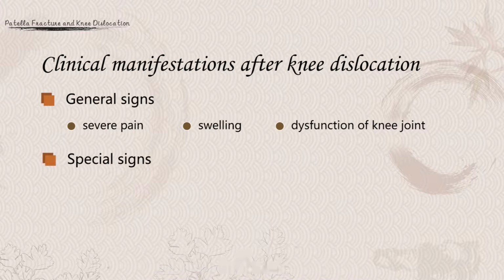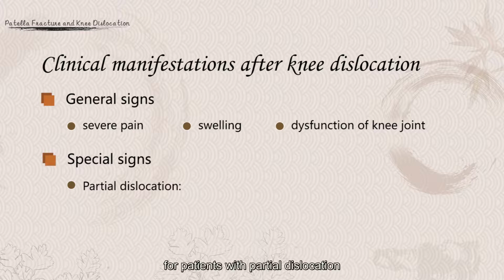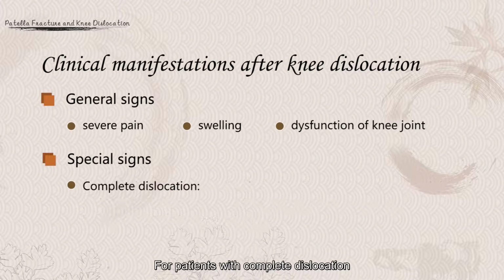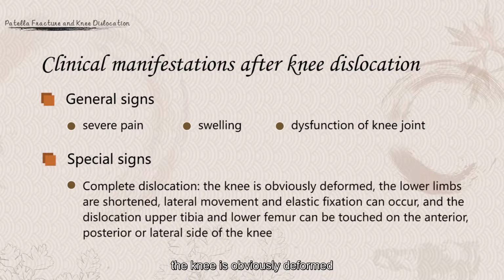For example, patients with partial dislocation, due to the difficulty of interlocking between the tibial plateau and femoral condyle, often perform reduction themselves without deformity after dislocation. For patients with complete dislocation, the knee is obviously deformed. The lower limbs are shortened, and lateral movement and elastic fixation can occur.